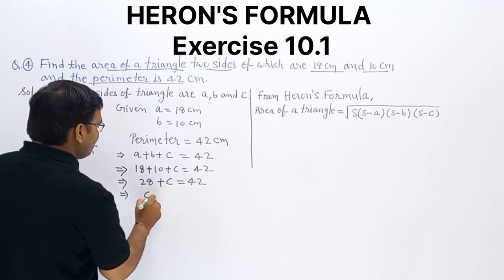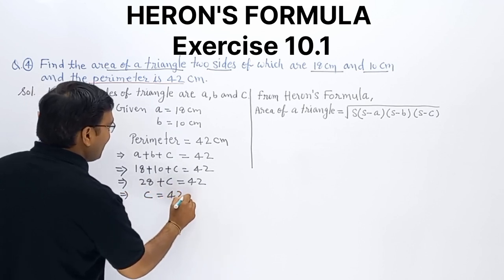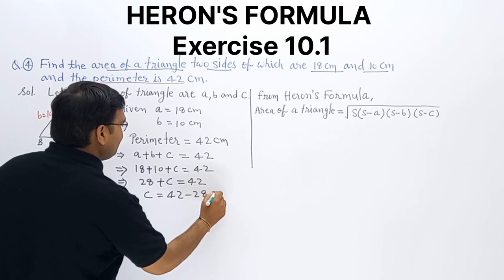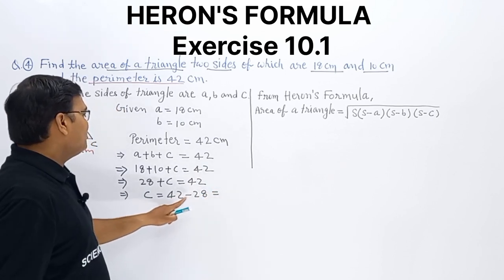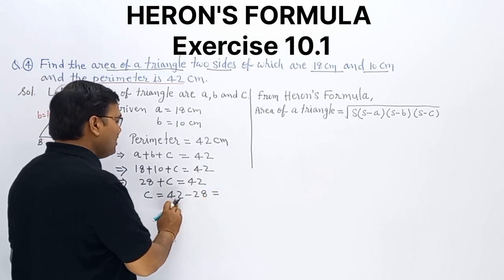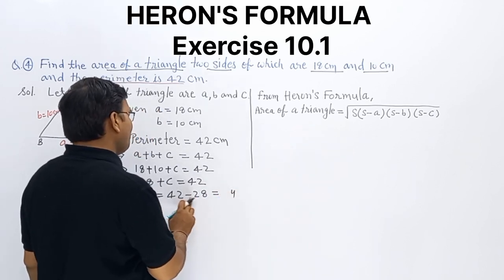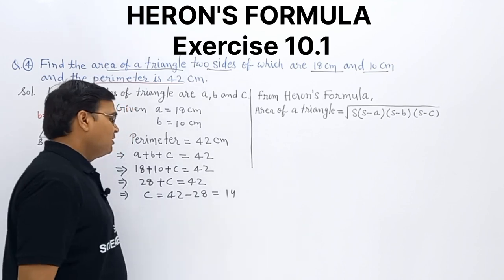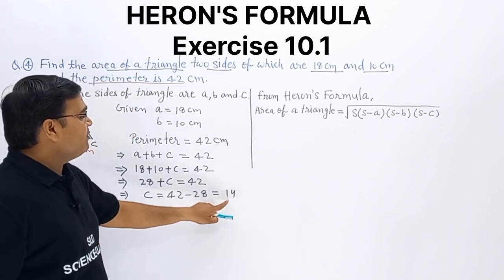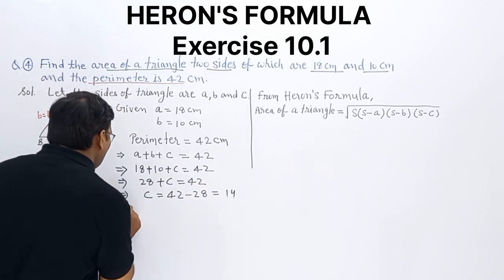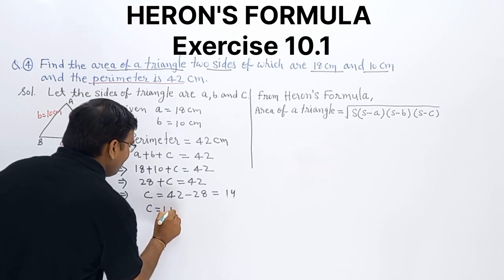Now we want C, so transpose: 42 minus 28. 12 minus 8 will be 4, and 3 minus 2 will be 1. So 42 minus 28 will be 14. So C we obtain 14.